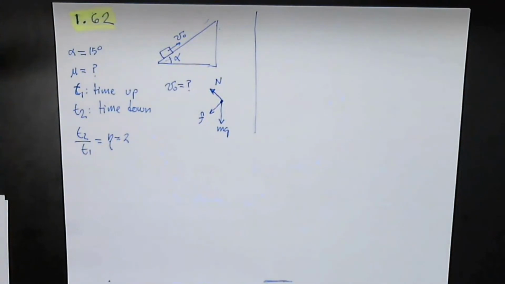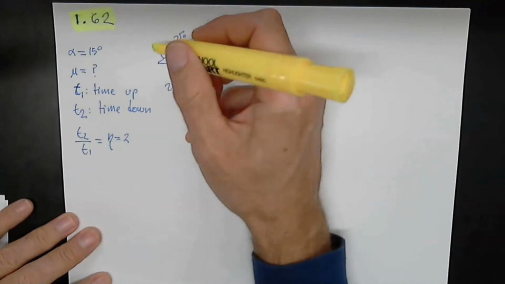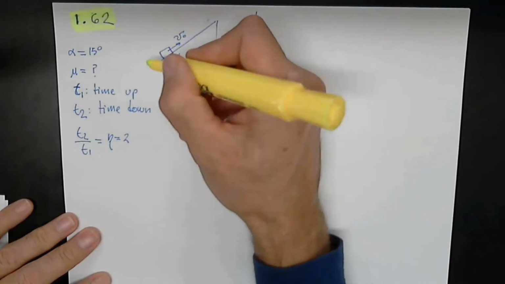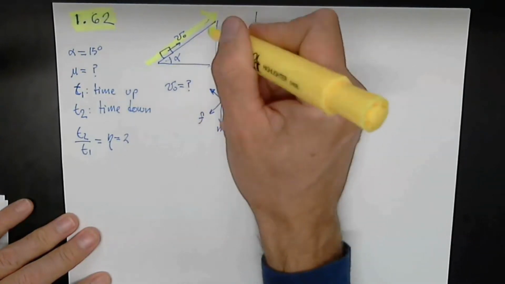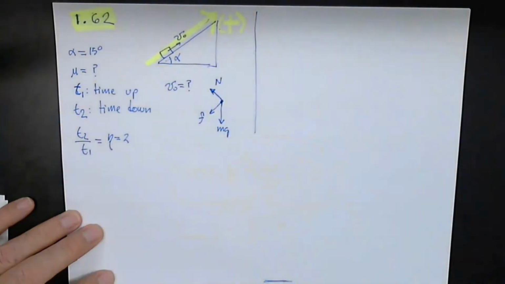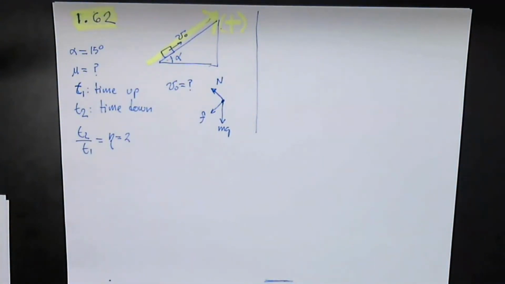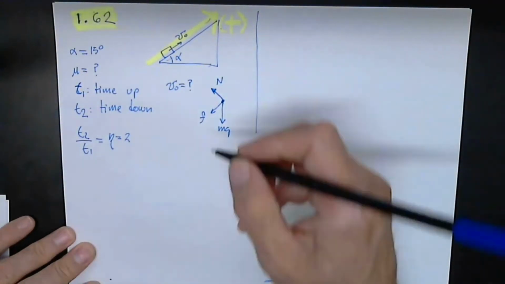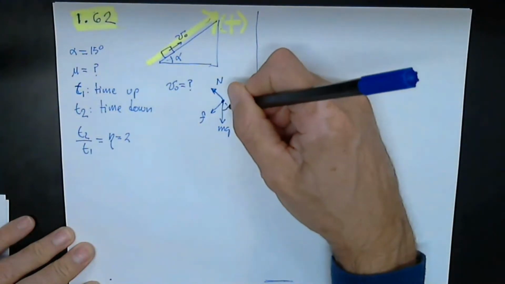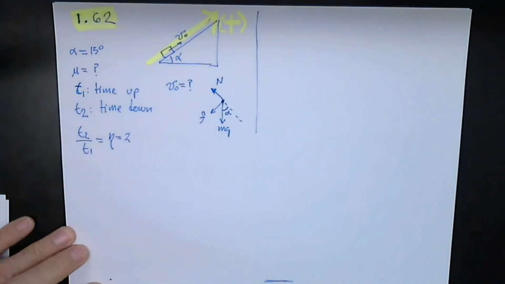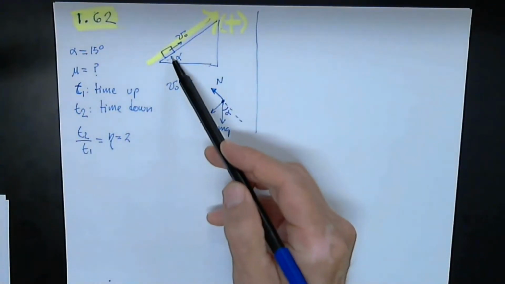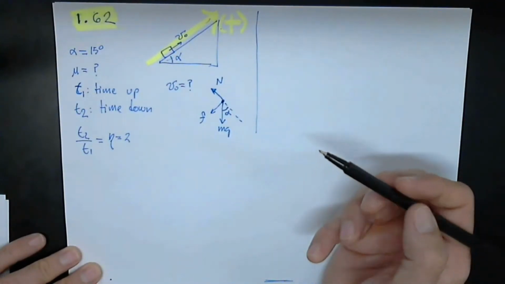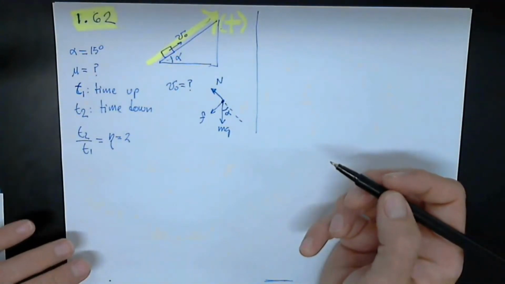And we are going to make this direction positive. Alpha is the angle between two perpendicular lines, so this alpha is equal to this alpha.